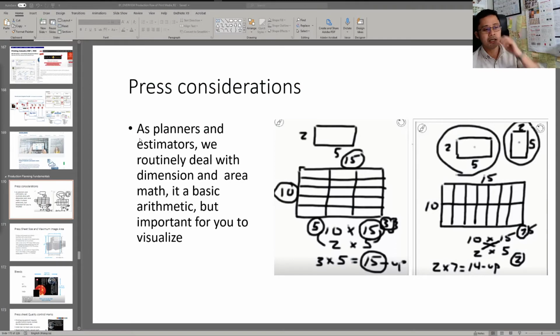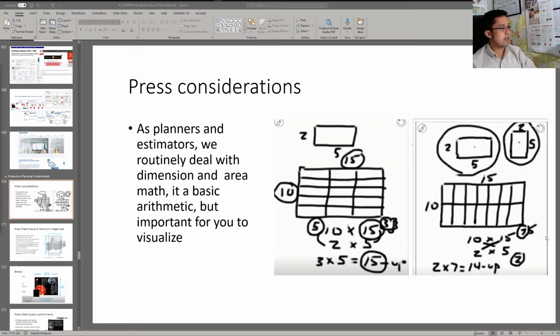Now let's talk about the production planning fundamentals. Today I would like you to wear, saya nak awak pakai topi as a planner, topi as an estimator. Buka topi yang sedia ada tadi, graphic design, production tu, put it aside, and now pakai topi planner, estimator. Why?